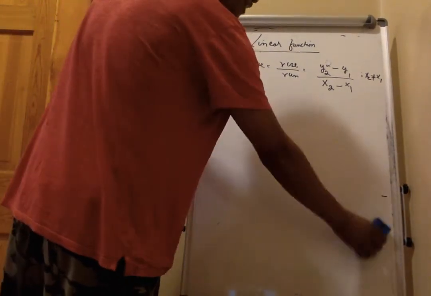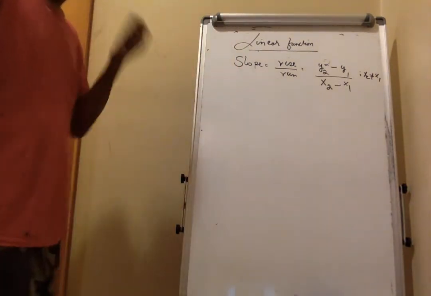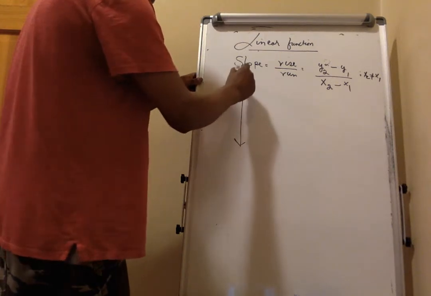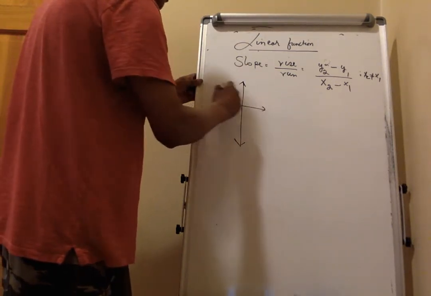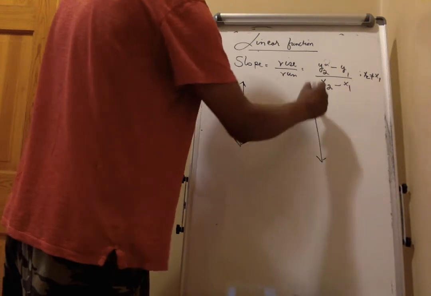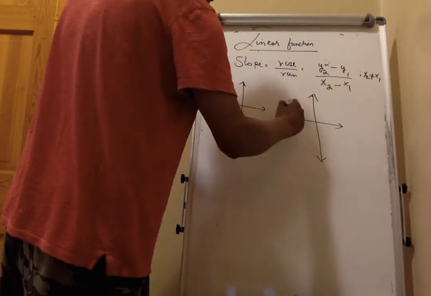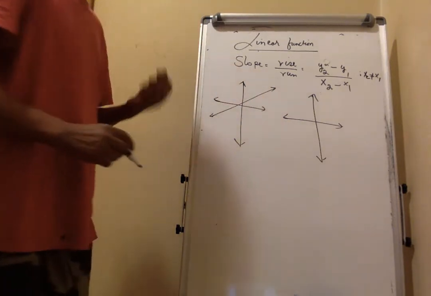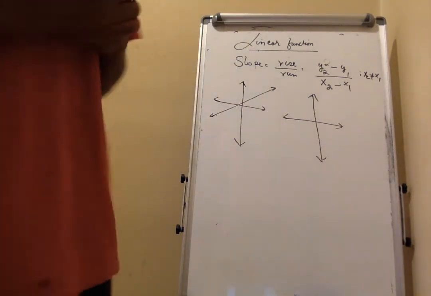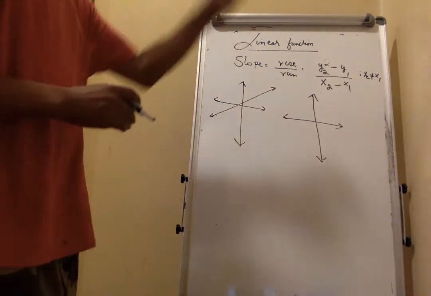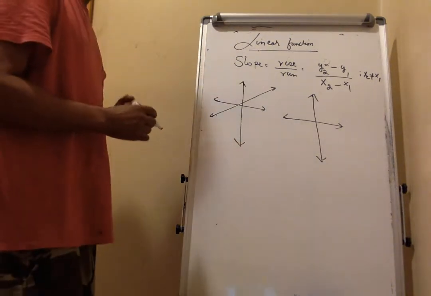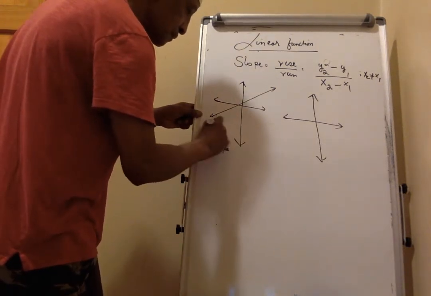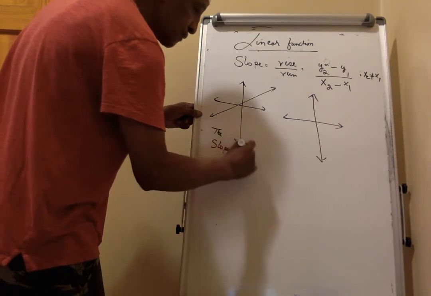So in our two examples, we saw one of them is a positive slope and the other one is a negative slope. One way of determining whether the slope is negative or positive is by just the graphs. So if you have a graph starting from quadrant 3 and crosses across quadrant 2, it's going upward, so the slope is positive.